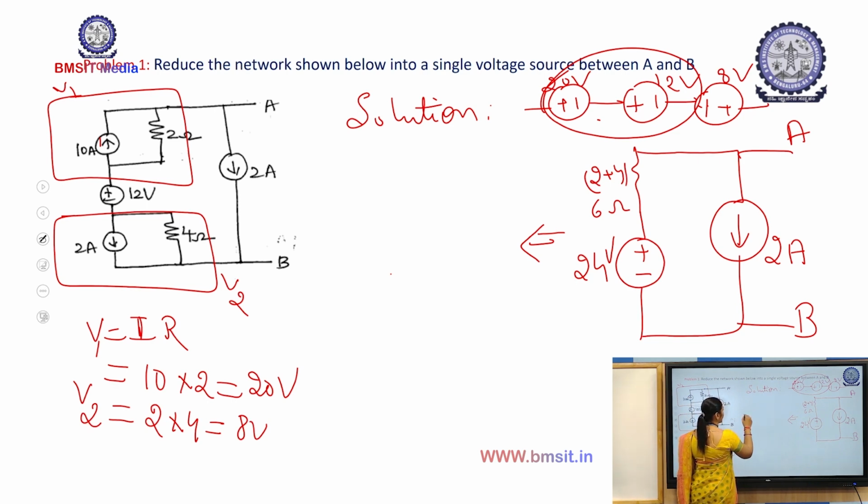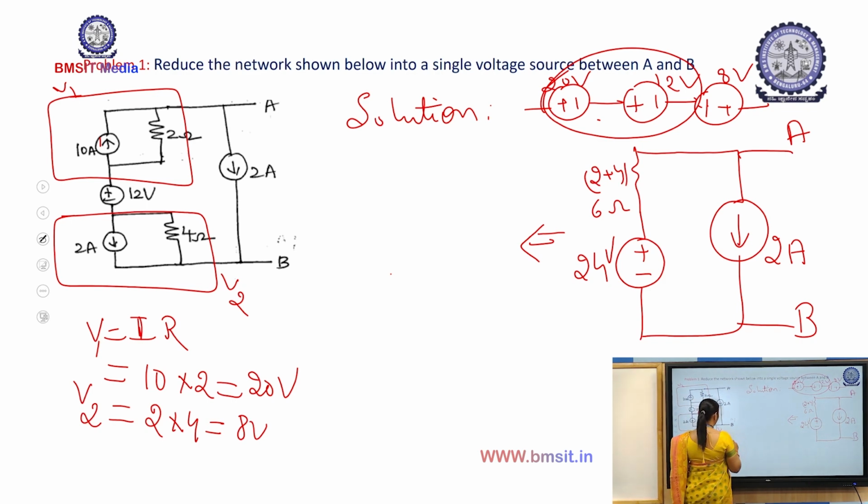Before transforming, since no resistance is connected across this terminal in this branch, this will become an ideal source. An ideal source we can't transform, only a practical source we can transform as per the rule. So this practical voltage source will transform into a current source. Then we will again come back to the reduction. So the next step will be voltage source to current source.